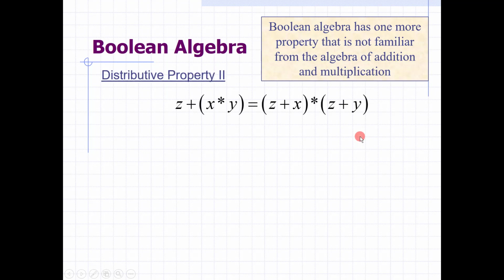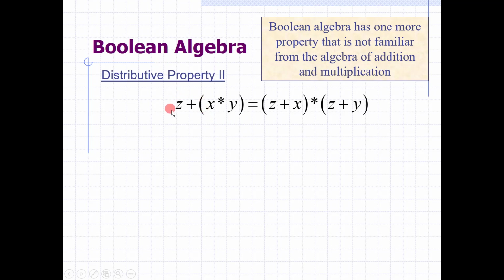Here's a property that we don't have in regular algebra. I said Boolean algebra has one more property. I shouldn't have said that. This should probably read just Boolean algebra has a property that is not familiar, because there might be other ones. But this is one that is not familiar about the distributive property.